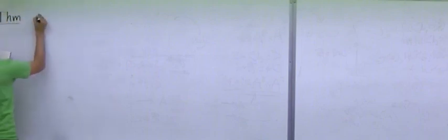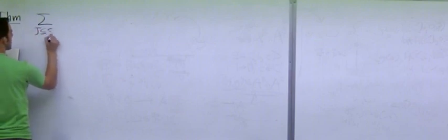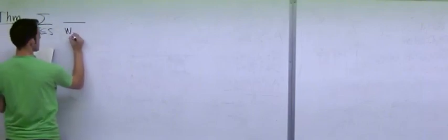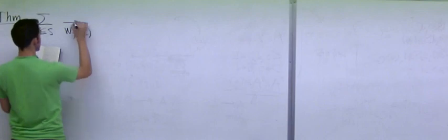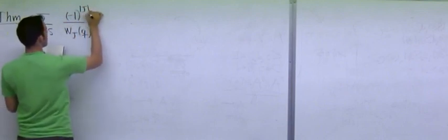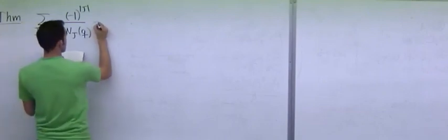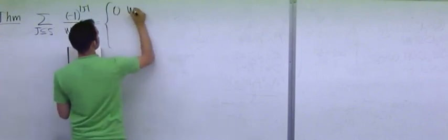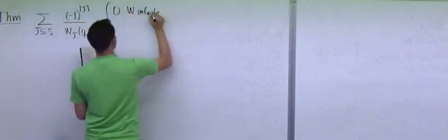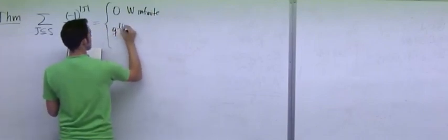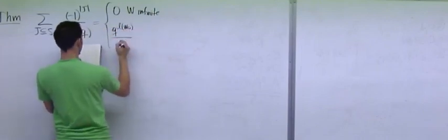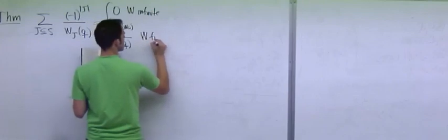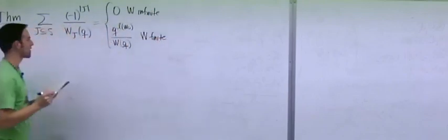So we said that we have this formula that if you add up over all the parabolic subgroups, minus 1 to the number of generators divided by the Poincaré series of the parabolic, then you either get 0 if W is infinite, or you get Q to the length of W naught divided by W of Q if W is finite.